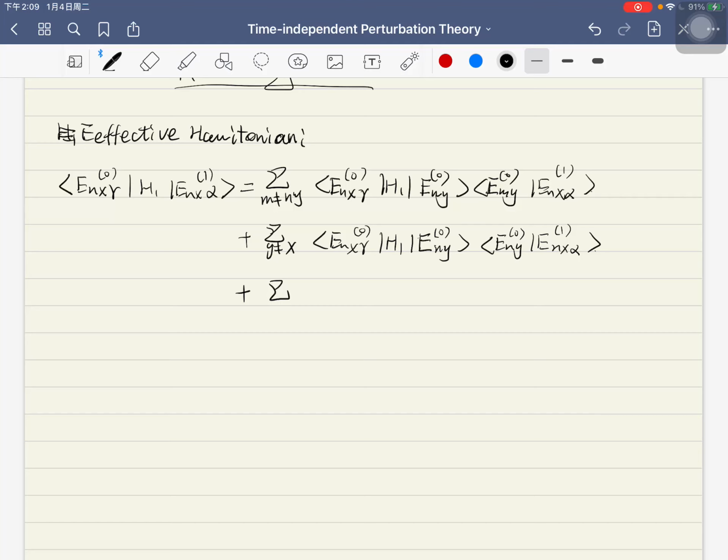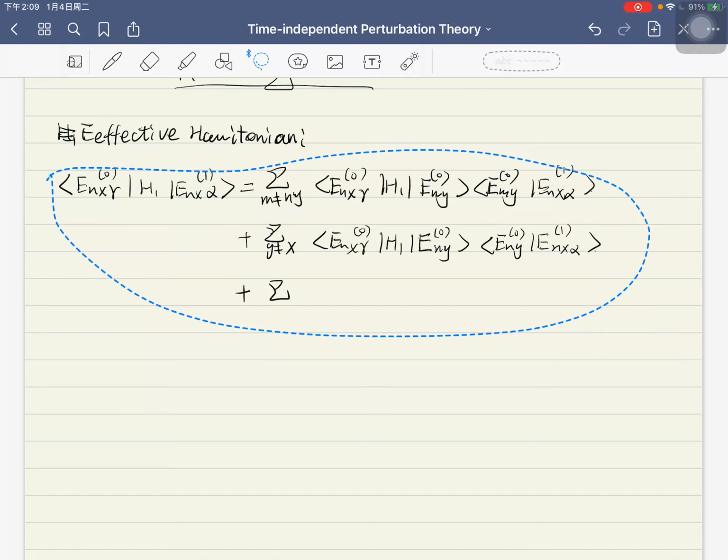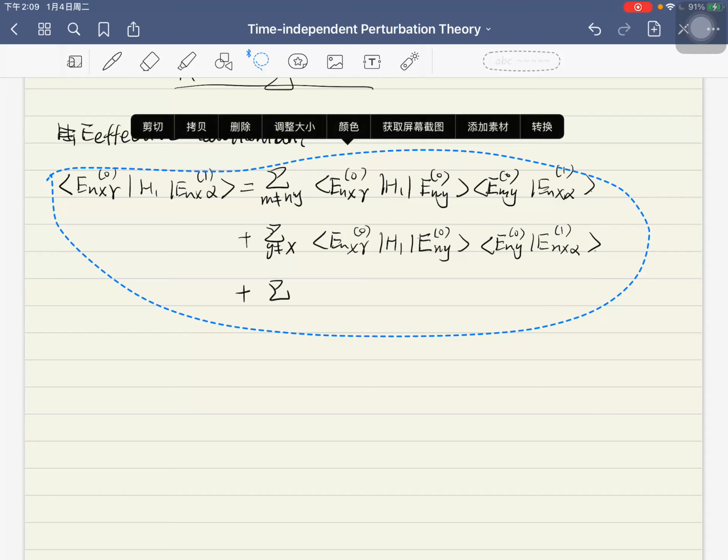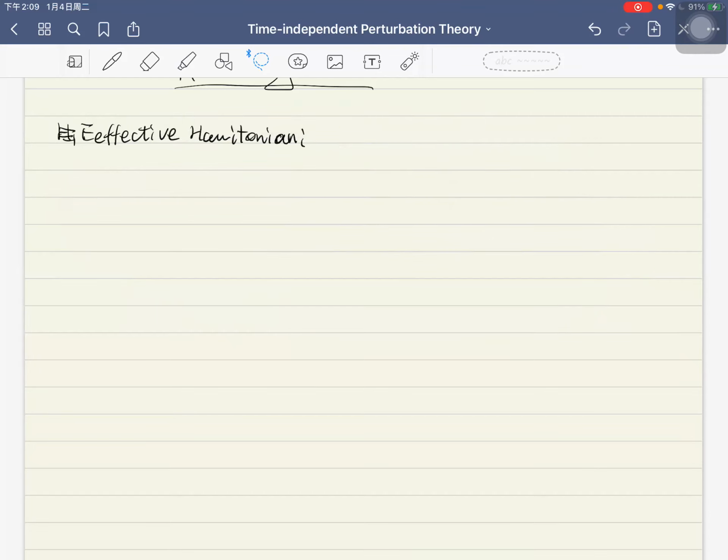Okay, we first observe on the... oh no, sorry, I just wrote the wrong equations.